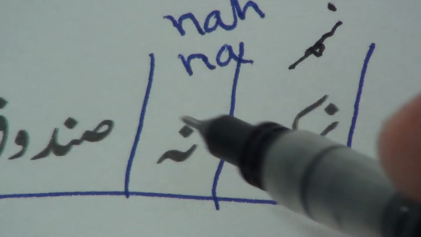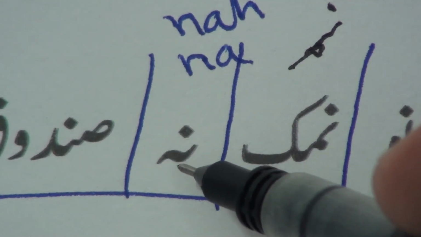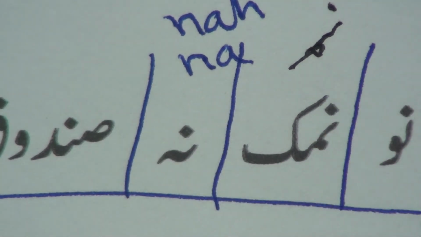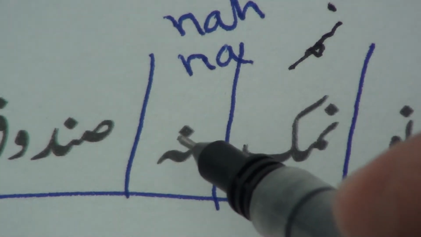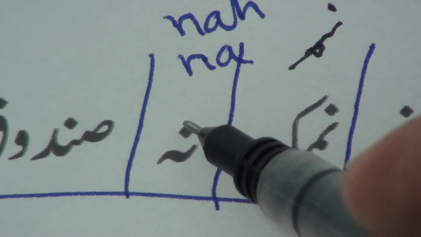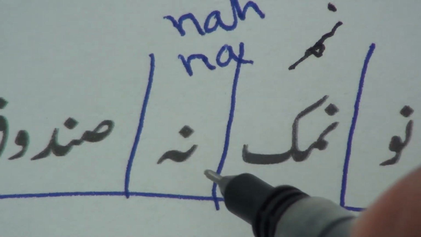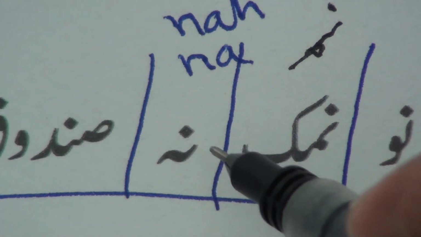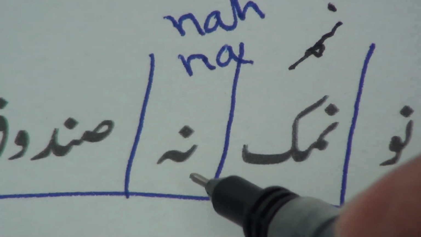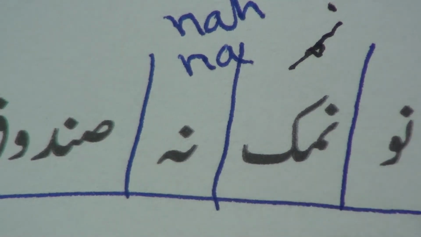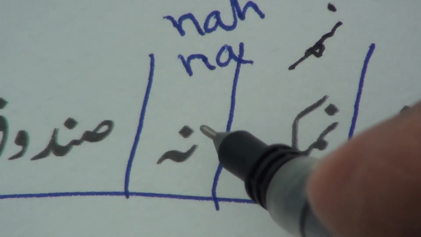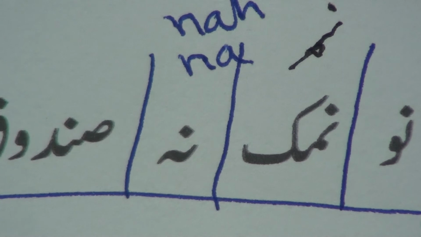If the dot is below it, it represents be. If there are two dots, it represents te. And if there are three dots below, it represents pe. So here it is noon and he. Na means no.